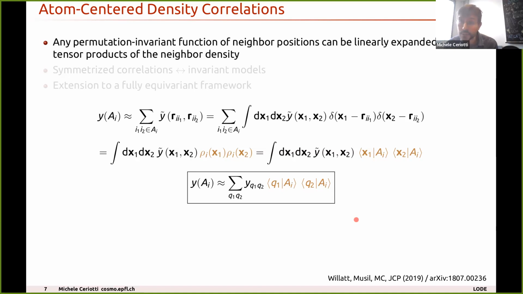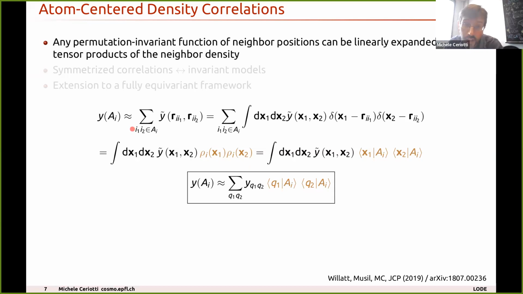And so basically the space in which we are trying to expand these properties is a space of symmetric polynomials that depend on the internal coordinates of your system. So you might, for example, want to approximate this property in terms of properties that only depend on pairs of neighbors.